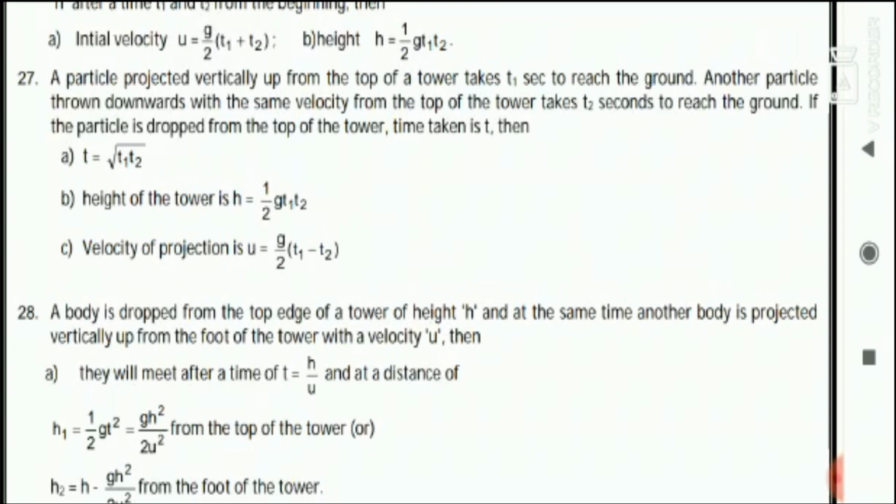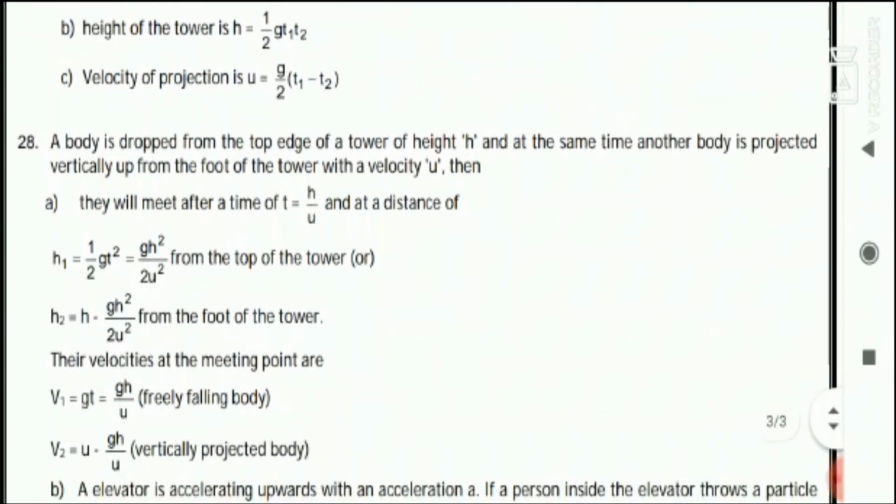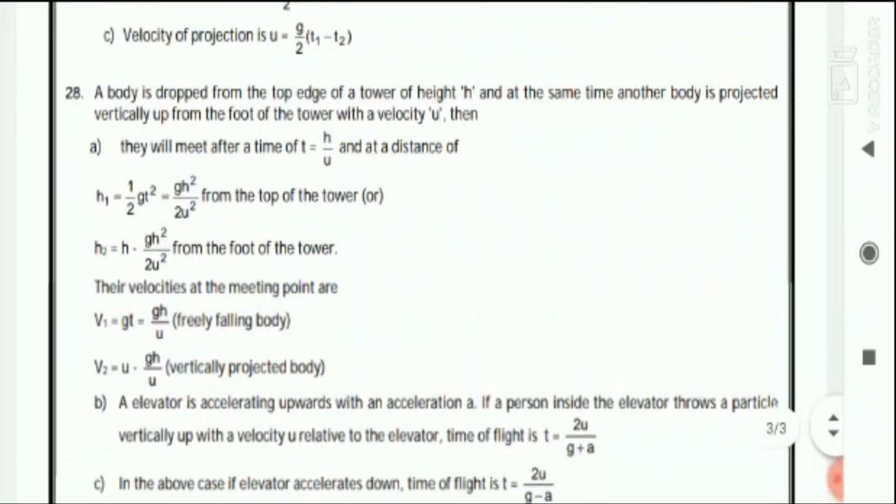Directly here also t1 and t2 will be given, then he may ask the total time taken t, or the height of the tower, or the velocity of projection u. By using this simple formula, you can find any of the data he is asking.